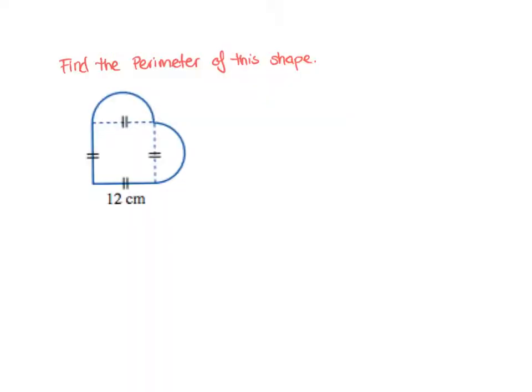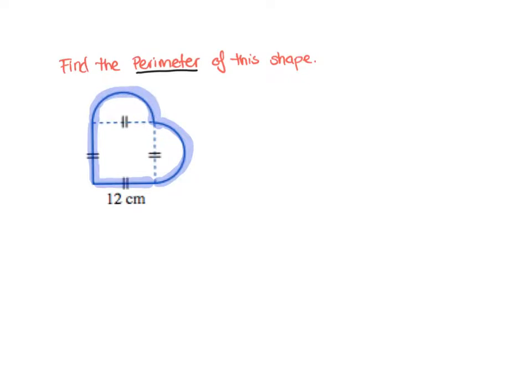Okay, sometimes we are going to be asked to find the perimeter of a composite shape. A composite shape is when you have a couple of shapes joined together and it produces a different type of shape. But if we're finding the perimeter, it means we've got to add up all the outside edges. So I need to find the length of those two, that bit and that bit.